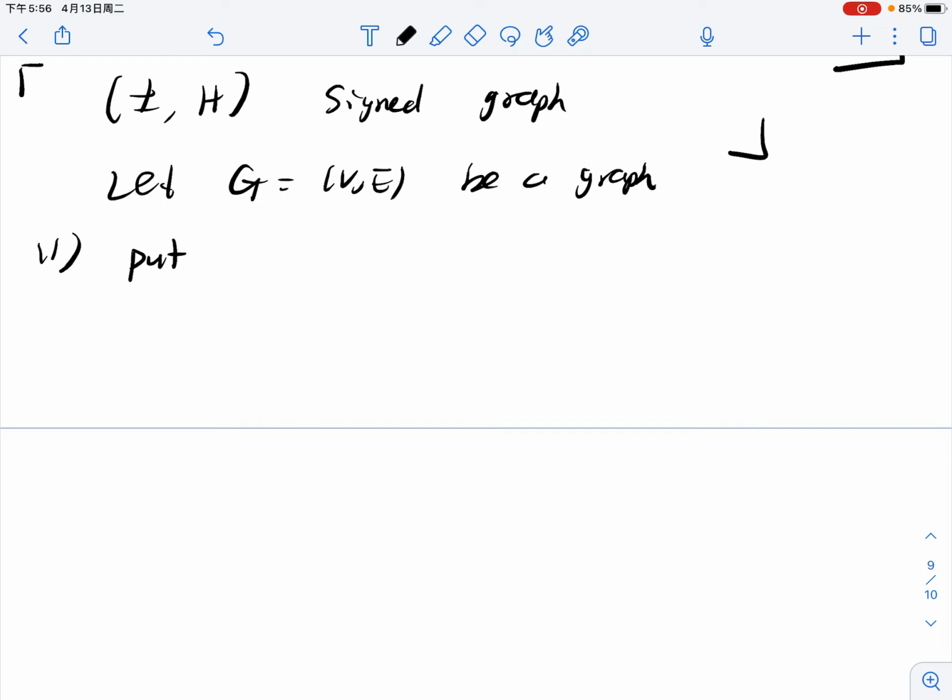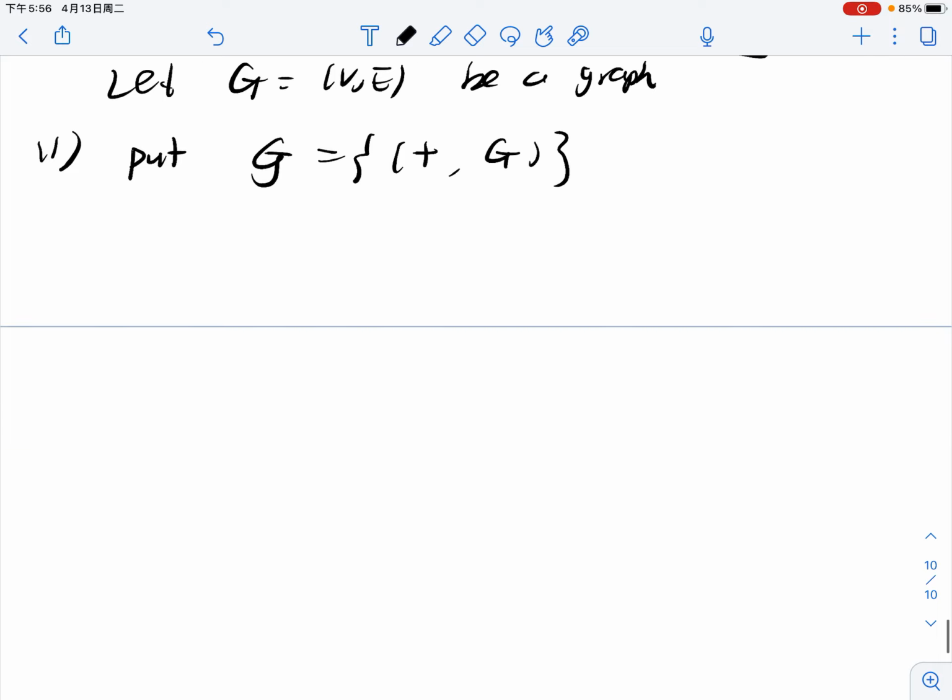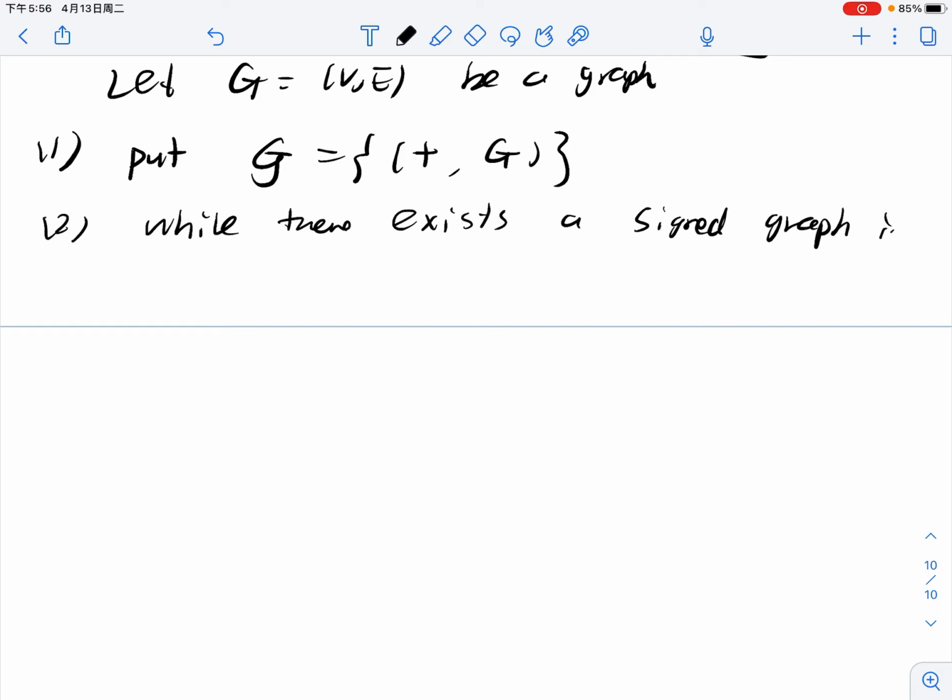So put Kyle G to be the set consisting of plus G, one element, and while there exists a signed graph in Kyle G that is not a null graph, do the following.